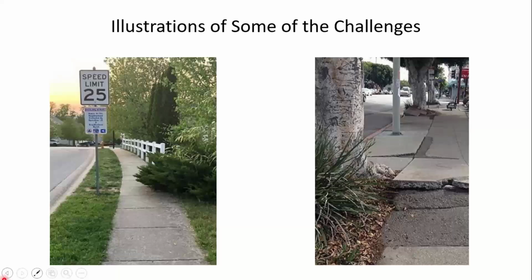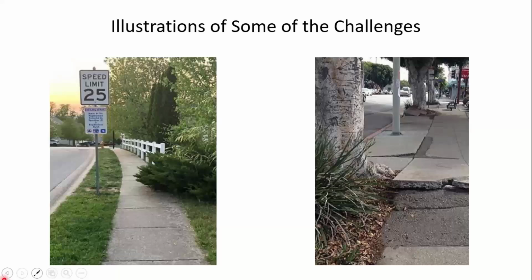Able-bodied pedestrians can skirt around that, but for someone with a mobility impairment or vision impairment, this sidewalk would probably be inaccessible. And then on the right, we see, I mentioned the heaved up sidewalk slabs due to tree roots. Here's an extreme example of that.